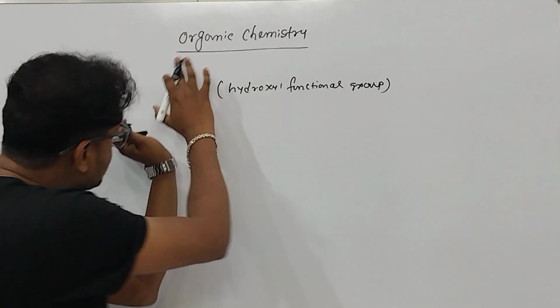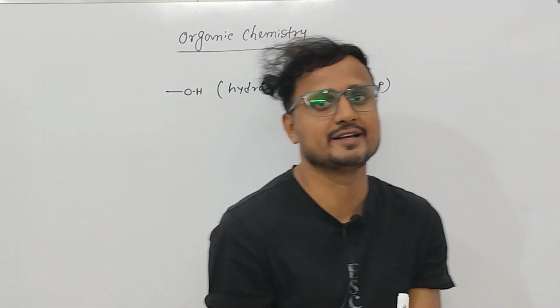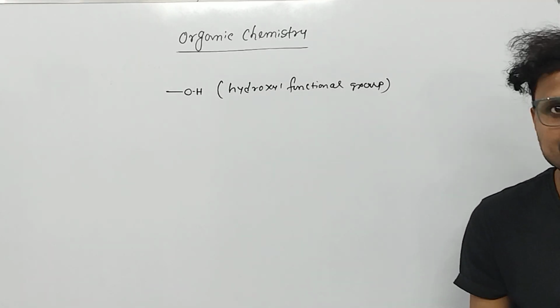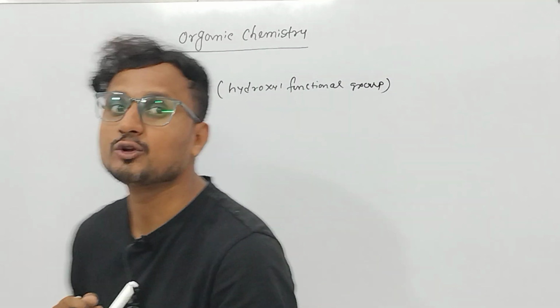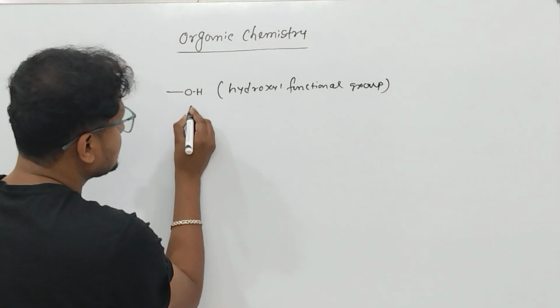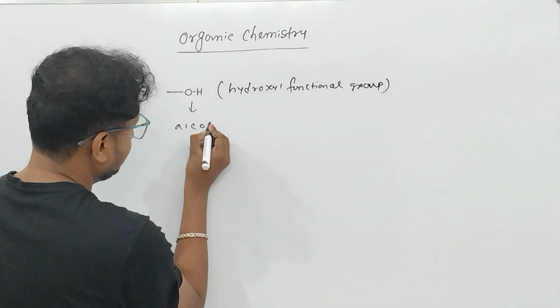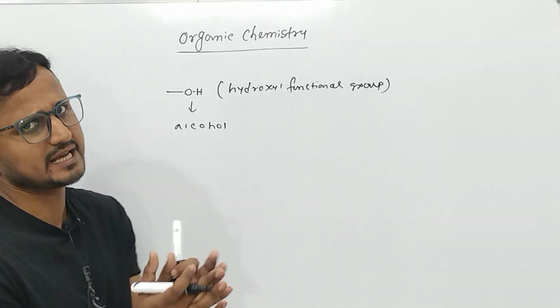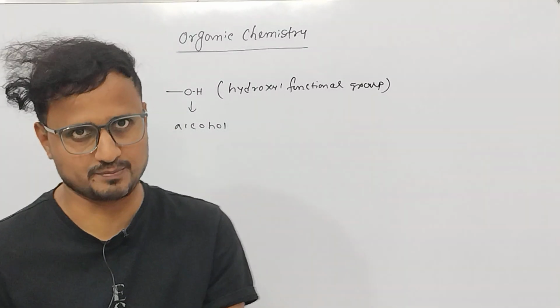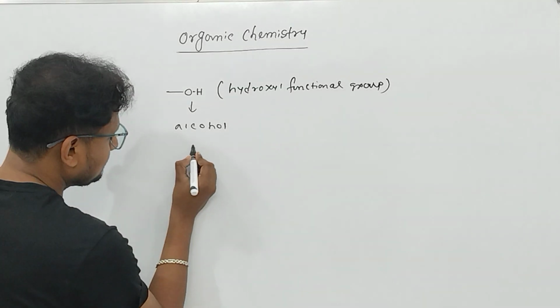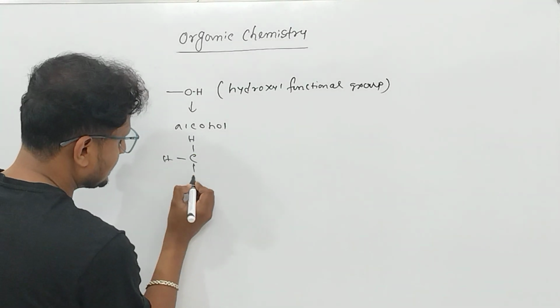Now, if this hydroxyl functional group is present in an organic compound, suppose it is present in an alkane or alkene or alkyne, then those will be called alcohol. So if this OH is present in a compound, it will be alcohol. That is why sometimes it is called the alcoholic functional group. Suppose I'm giving you an example. Suppose you have methane, right?